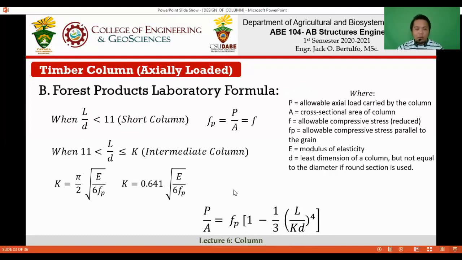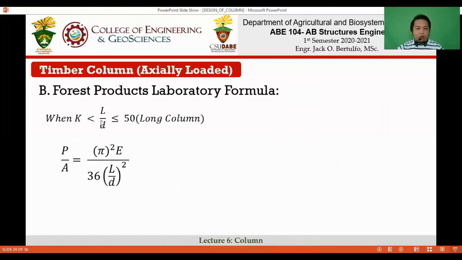You will use this if it is an intermediate column. Now, if your slenderness ratio is greater than K but less than or equal to 50, then you can say that your column is a long column.